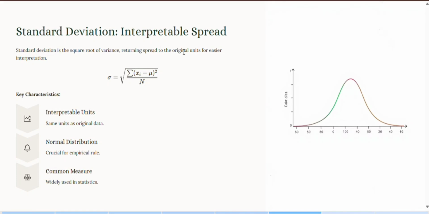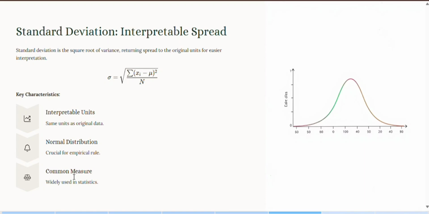The formula is the square root of the summation of (xi minus mu) squared divided by n, that is, the square root of variance. Key characteristics: interpretable units, the same units as the original data; normal distribution, crucial for the empirical rule; a common measure, widely used in statistics.